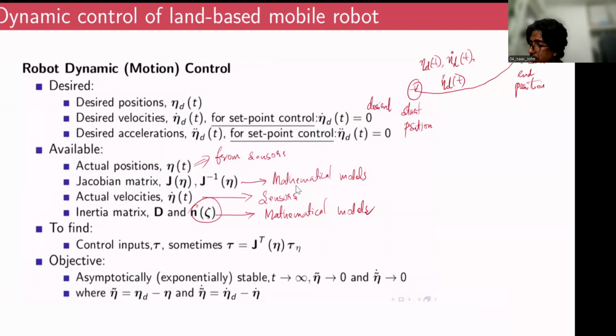So the dynamic equations of motion of a robot would look something like this: tau as d of zeta, zeta dot plus n of zeta. This tau vector would be the control input to the actuators.